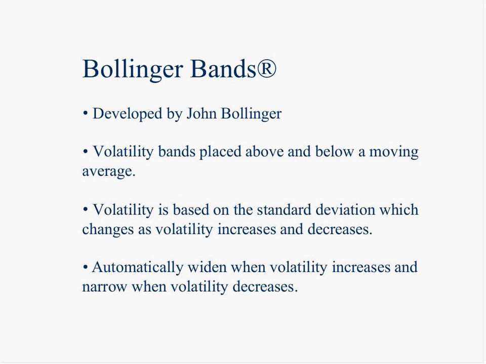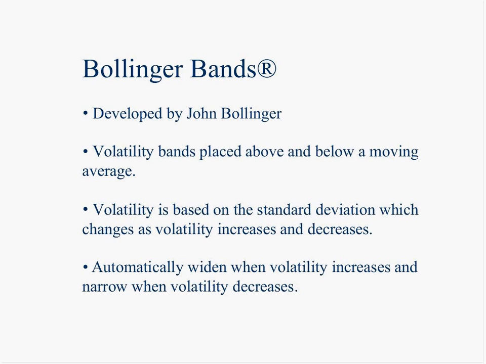These were developed by John Bollinger, back in the late 70s, early 80s, somewhere around then. He's been around a long time. These are bands placed above and below a moving average of price.